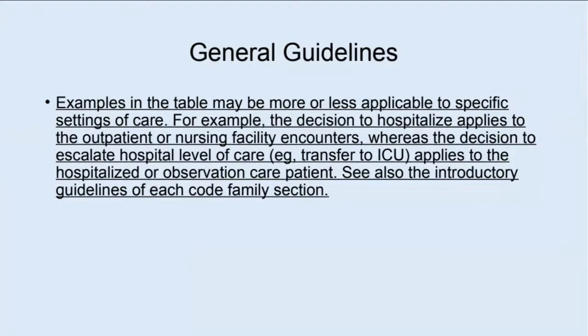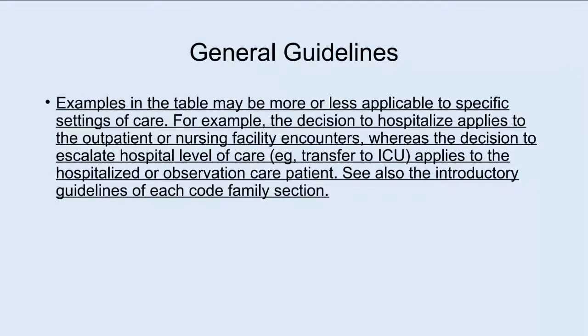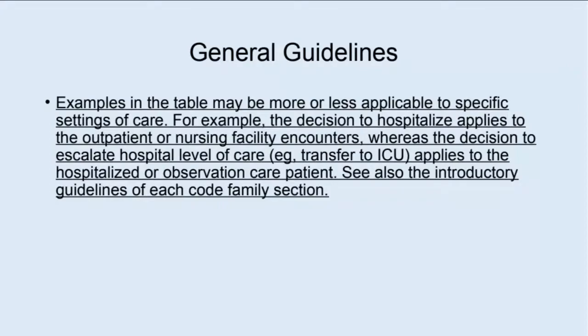But they did add this to the general guidelines. This wording was added for clarification. So they added examples in the table may be more or less applicable to specific settings of care. For example, the decision to hospitalize a patient applies to outpatient or nursing facility encounters, whereas the decision to escalate hospital level of care, e.g. transfer to ICU, applies to the hospitalized or observation care patient.